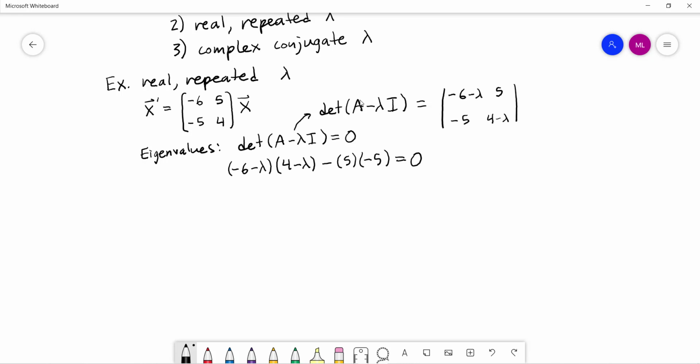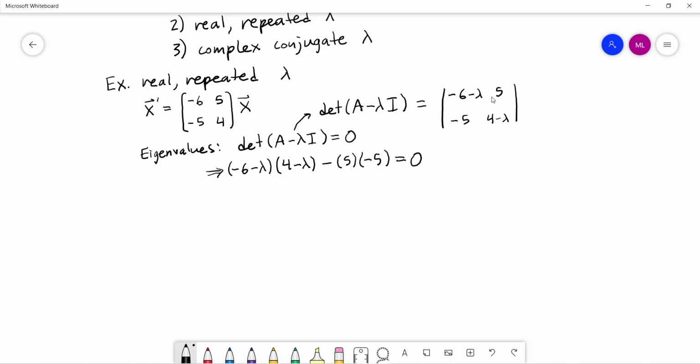So it came from doing this times this minus this times this. Notice A minus lambda I is just the original A with a minus lambda term applied to the two diagonal pieces here. And so this times this minus this times this, that's where I got this equation. If you can jump straight from this to the equation and bypass this line right here, totally fine with you doing so. So just keep that in mind.